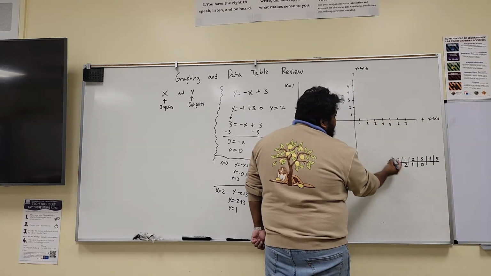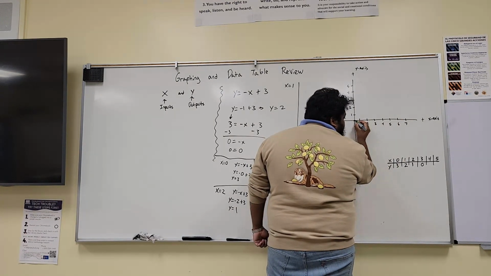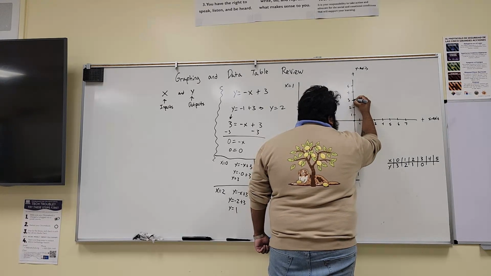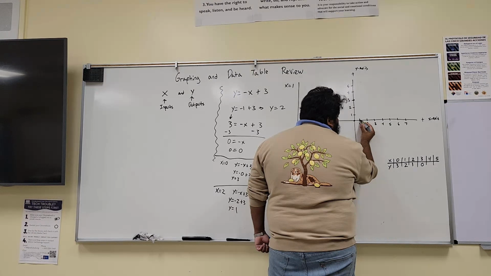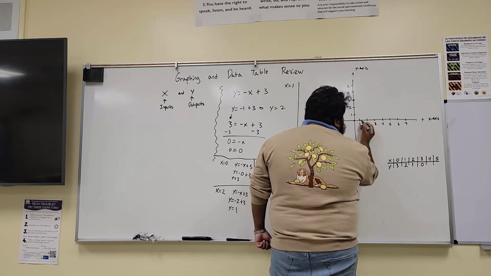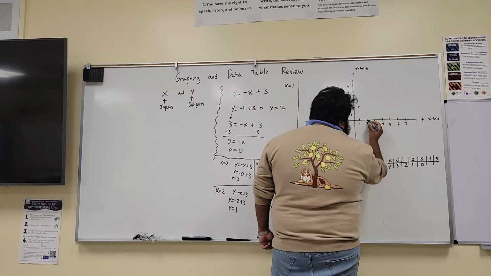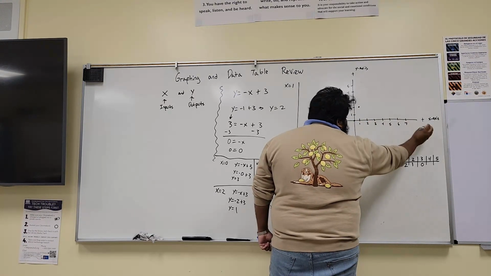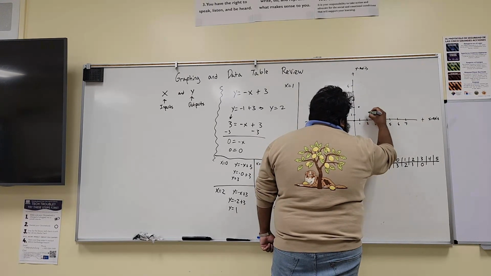So when x is 0, we're looking at this number line, we're going to go up to 3. When x is 1, we're moving to the right 1, and we know that y is 2, so it's going to go right here, and we just keep following along down the number line. We're going to go on the x-axis first, and then we're going to see where each y value goes.